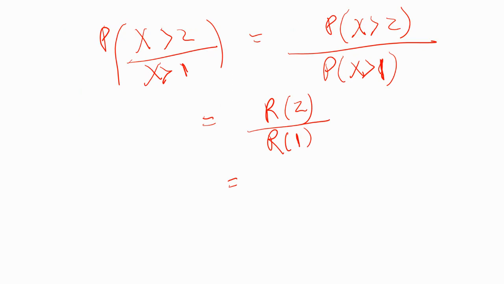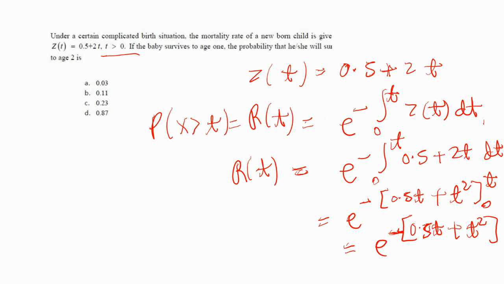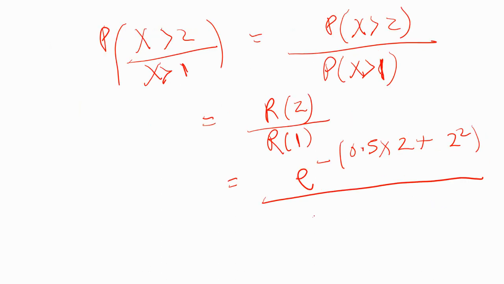So R of 2 will be e to the power minus 0.05 times 2 plus 2 square divided by e to the power minus 0.05 plus 1. So it will be e to the power minus 0.1 and then 4, which is 4.1.